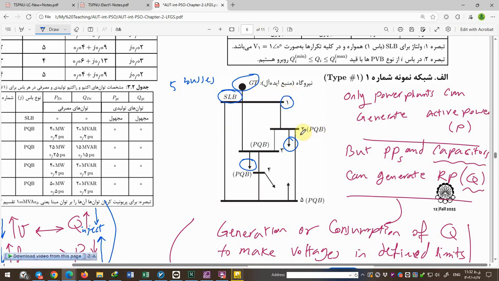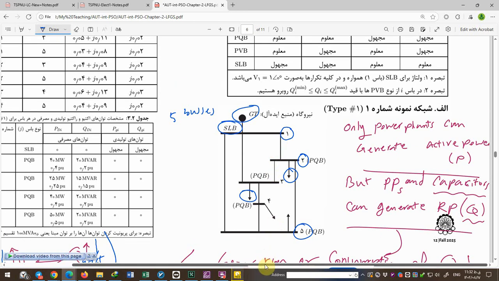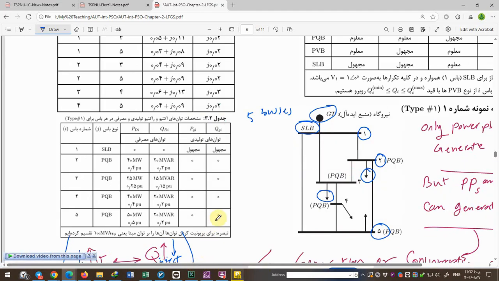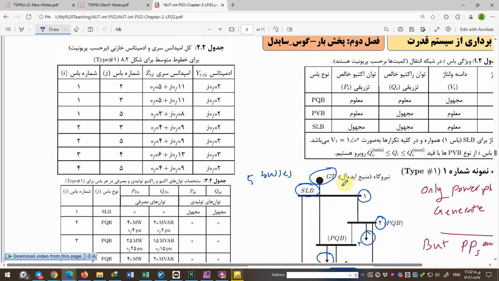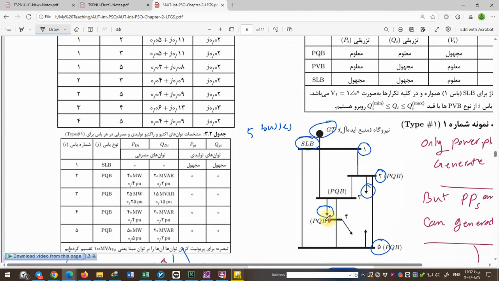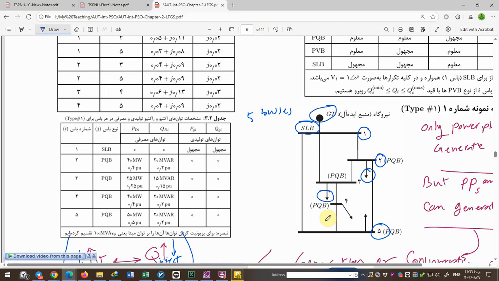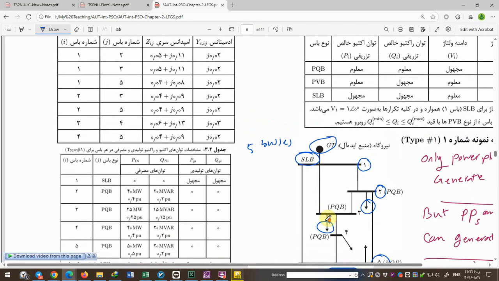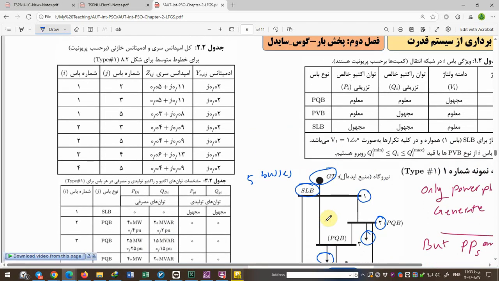Other buses, bus number 2 to bus number 5, are all PQ buses. And I'm so eager to discuss these networks and the parameters we introduce in these networks, and prepare to solve the power flow equation for this type.